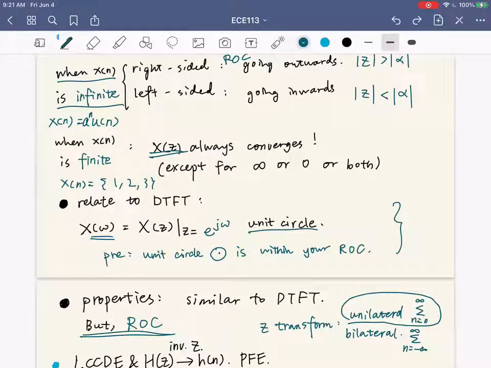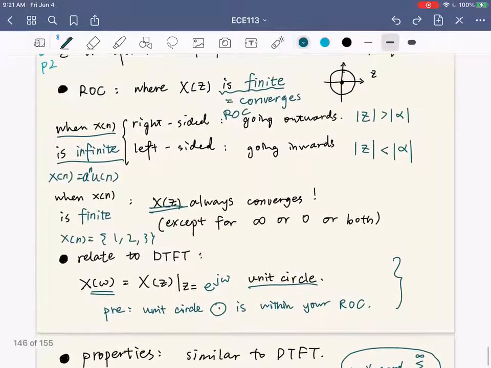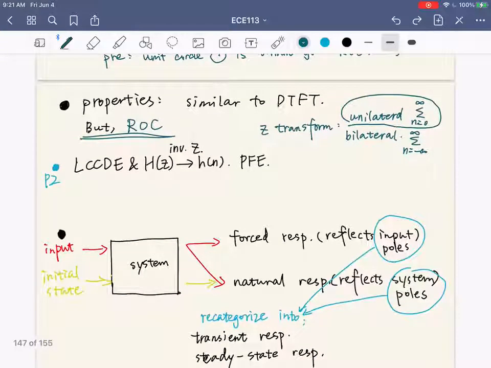Thank you. Cool. Okay. So I hope this refreshed something about the Z transform, and after that, we'll go to the Z transforms to see how powerful it is in LCCDE. So for a differential equation, we usually have a system not at rest, right? Not at rest means it has some initial conditions.